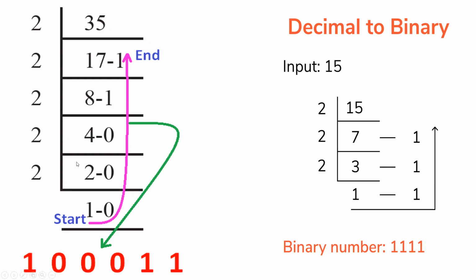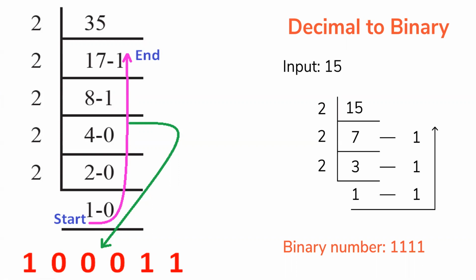Divide 4 by 2, 2 as the quotient, 0 as the remainder. Divide 2 by 2, 1 as the quotient and 0 as the remainder. It is showing you clearly. Start from the 1 at the bottom and go till the first remainder that you got.